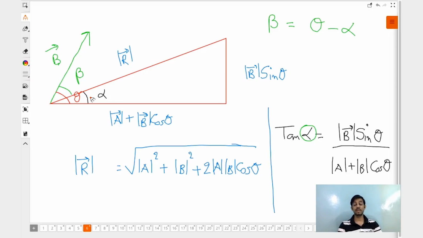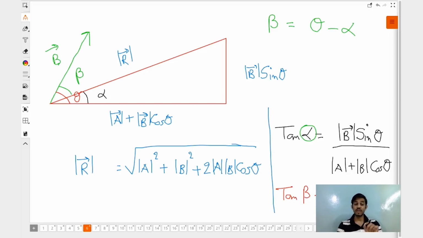एक तो ऐसे है. Let's say नहीं सर, हमें तो फॉर्मूले से निकालना है, चेक करना है. What will it be now? Tan beta will be equals to, simply interchange A and B here. Mod A sin theta upon mod B plus mod A cos theta.